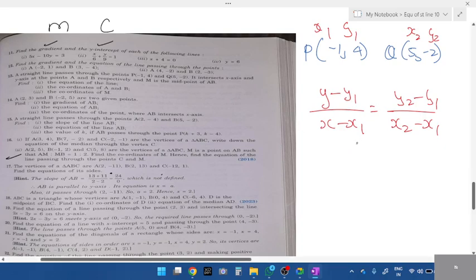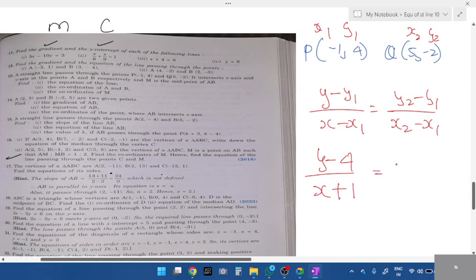What's the answer, students? What did you all get? Be quick. y minus. Yes, why is nobody responding? y minus 4 into x minus, what is x1? Minus into minus is plus 1.